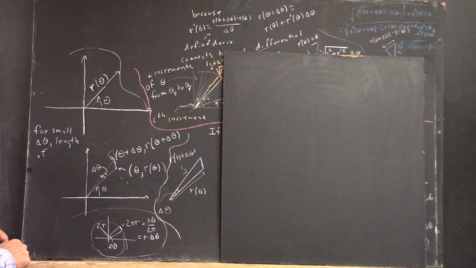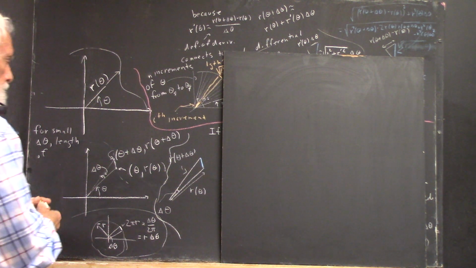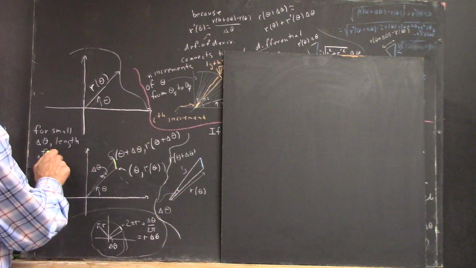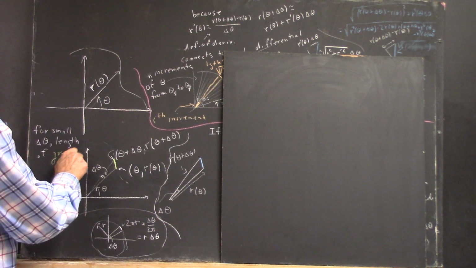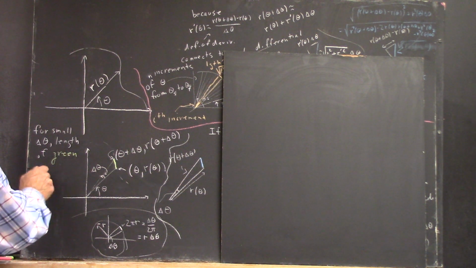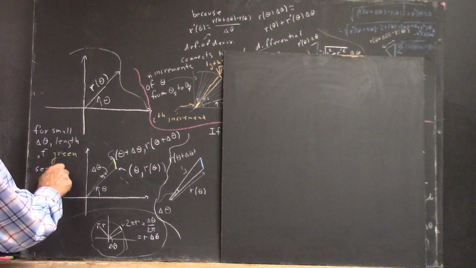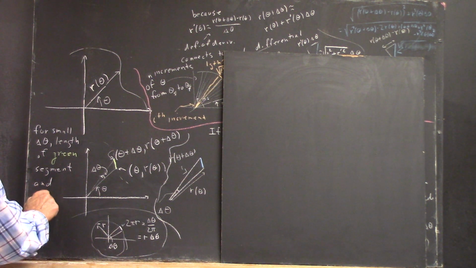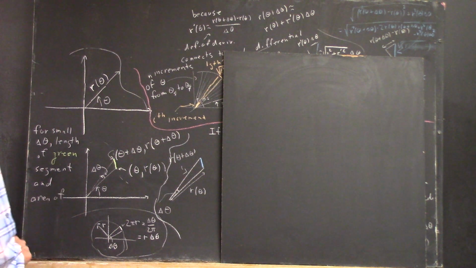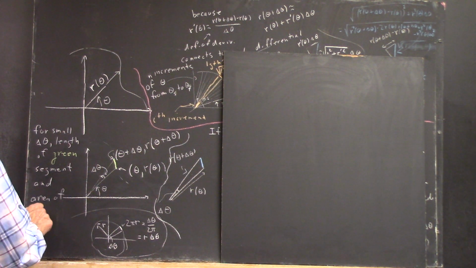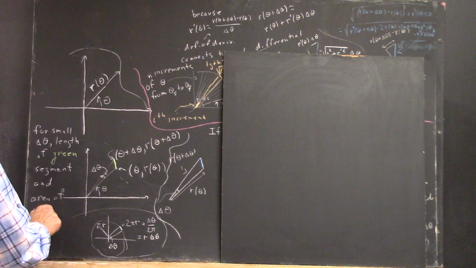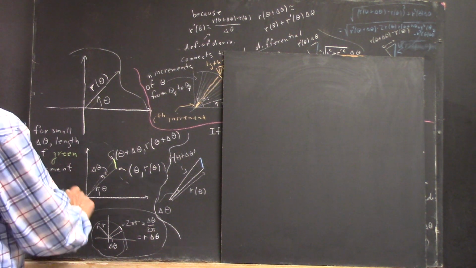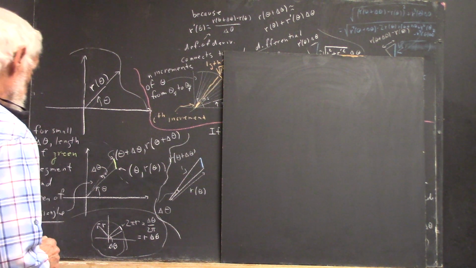I'll say the length of the, now it's green. Also the area of the triangle. Okay, triangle, of course, being this triangle.